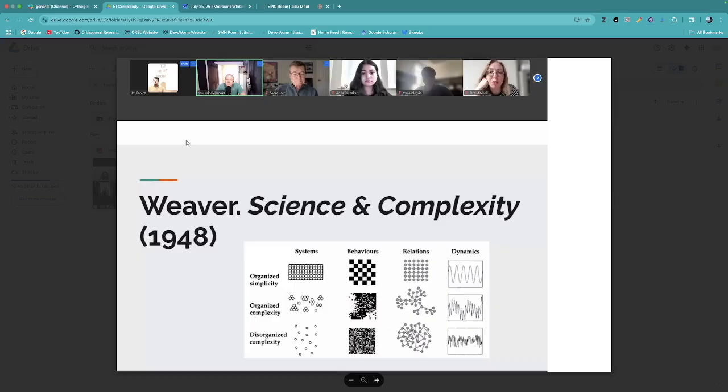And then you have the dynamics, which are stochastic, but also have components where the information lies. In organized complexity, this trace has information in it. In disorganized complexity, this trace also has information in it, but it's embedded in a lot more noise. And so this is where you get to the edge of chaos.